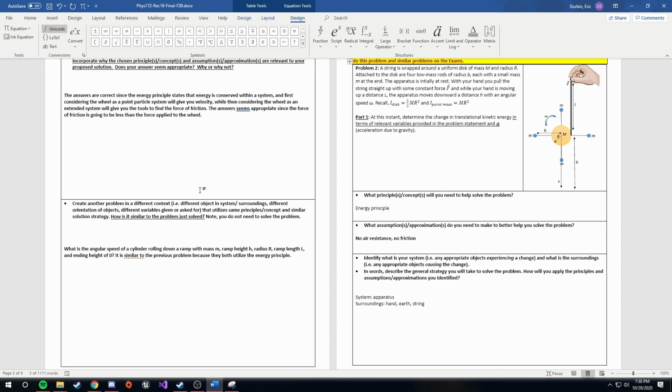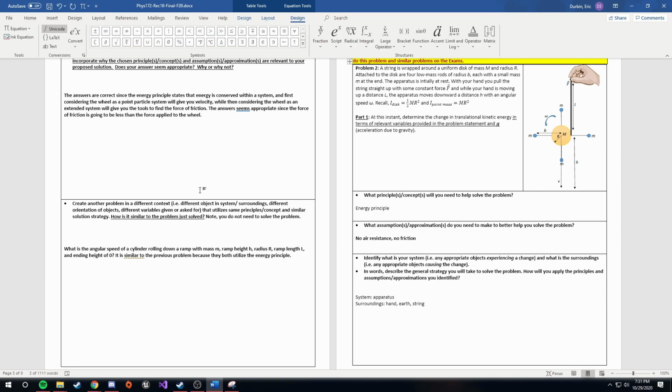Because the string is, I want to say perpendicular to, or tangent to, completely tangent to the, whatever it's called, the disk.